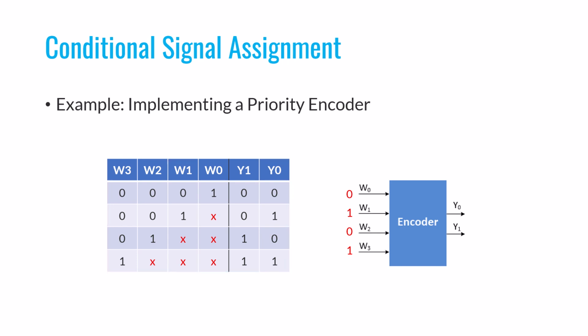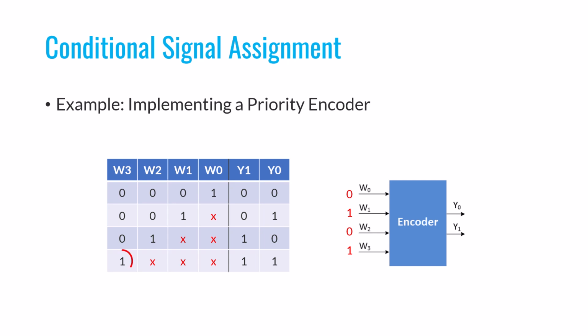In this table, for example, when W3 equals 1, the remaining inputs are marked as don't care, meaning their values are irrelevant. This is reflected in the truth table of this priority encoder. For example, when W3 is high, the lower priority inputs are treated as don't care because the output is determined solely by W3.